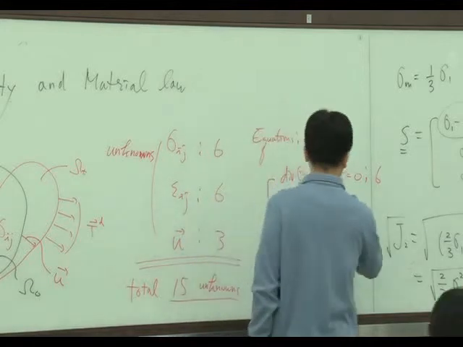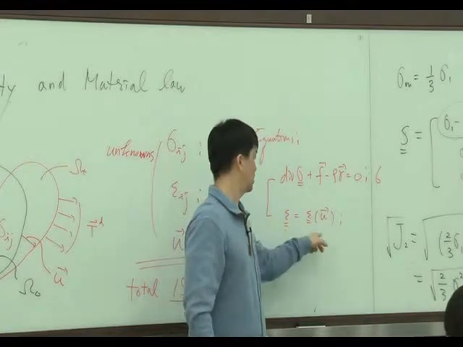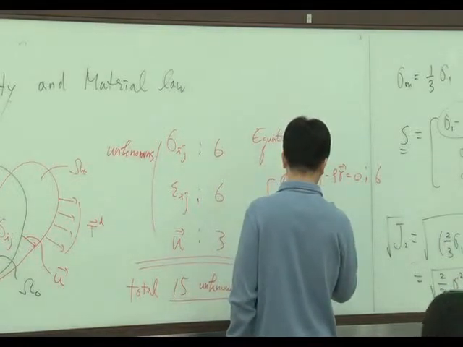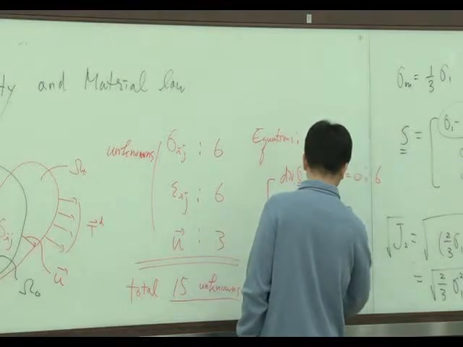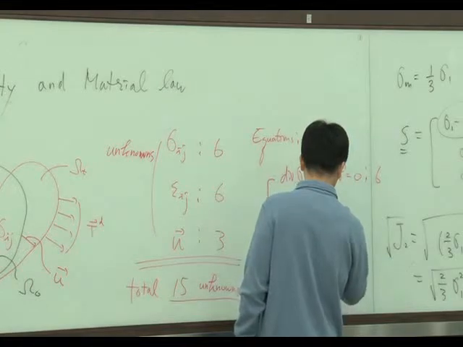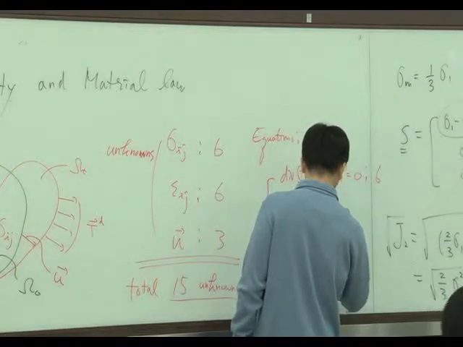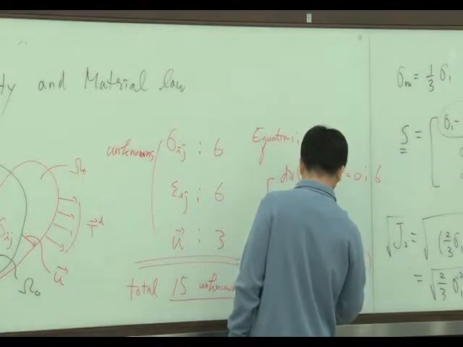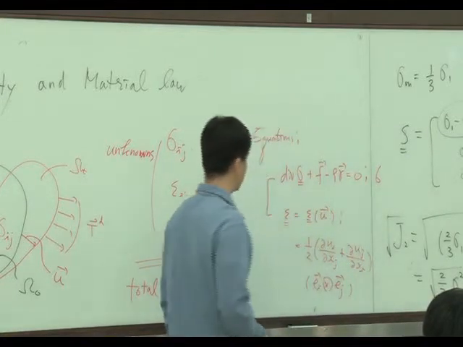How about the strain-displacement relation? You know this equation. Strain is calculated from displacement. In the small displacement case, this is 1 over 2 times (u_i,j plus u_j,i) e_i e_j. This is the small strain, right?